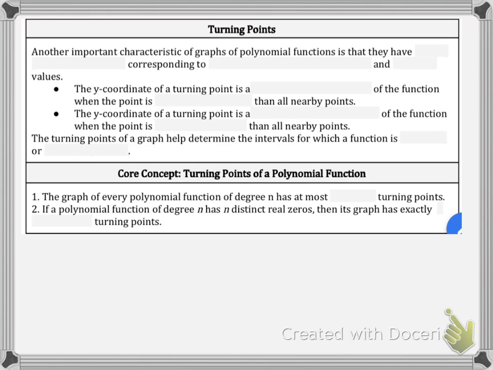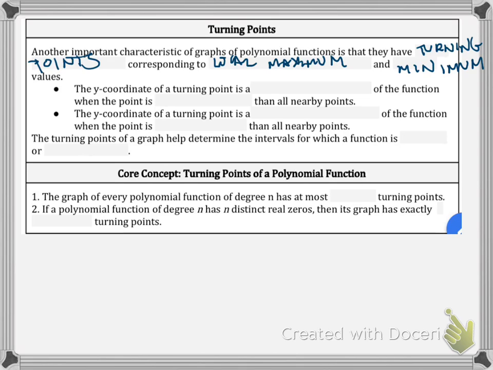Another important characteristic of graphs of polynomial functions is that they have turning points, corresponding to what's called local maximum and local minimum values.